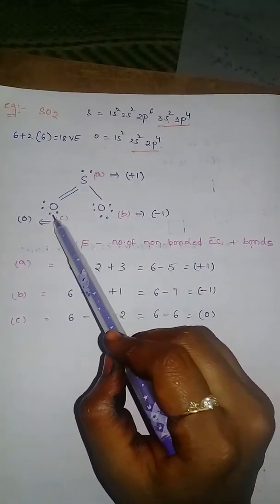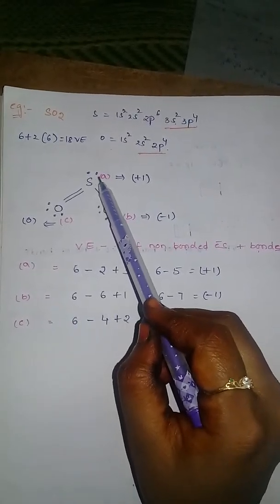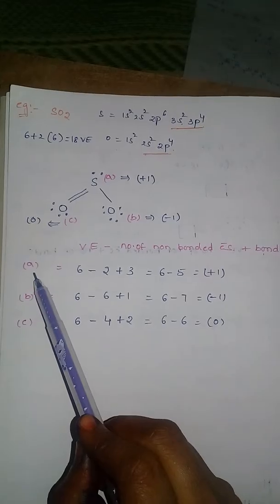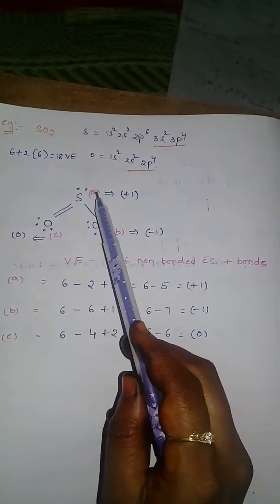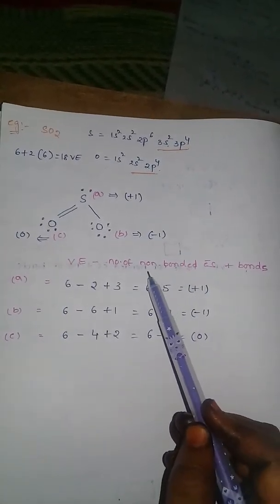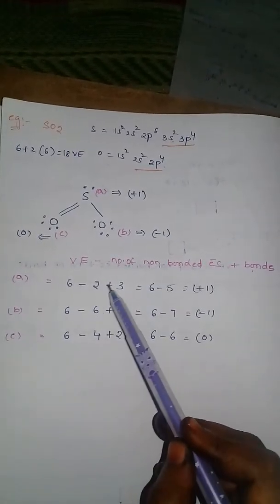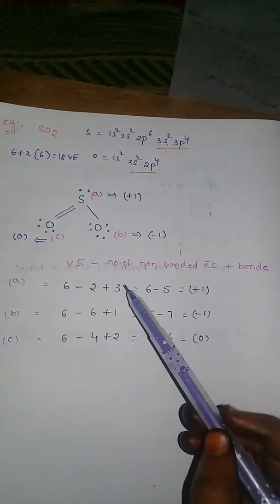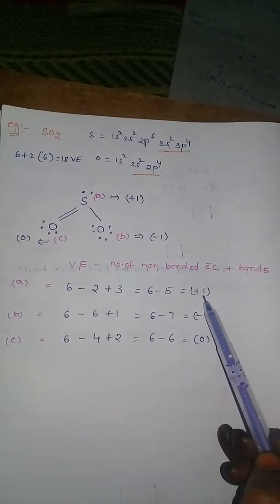In this SO2 molecule there are 3 atoms, indicated by A, B, C. We find the formal charge for atom A. A is sulfur. How many valence electrons for sulfur? 6, minus number of non-bonded electrons. How many? 1, 2. 2, plus how many bonds surround atom A? 3 bonds, 1, 2, 3. So 6 minus 5 is equal to plus 1.